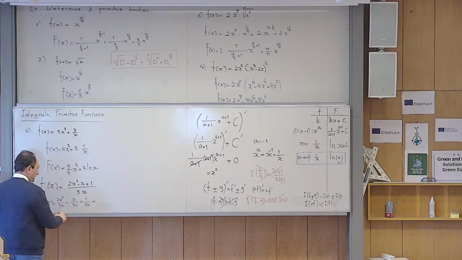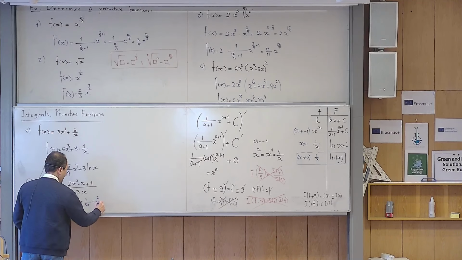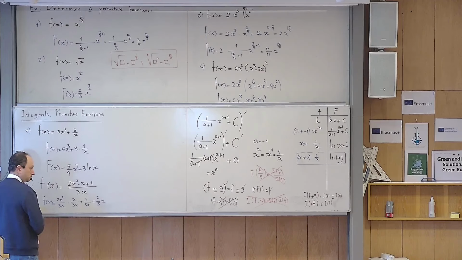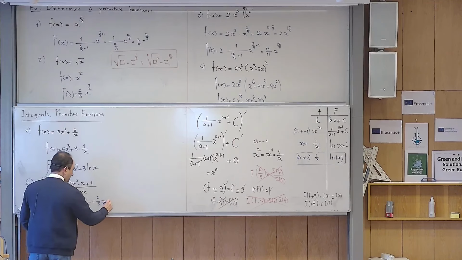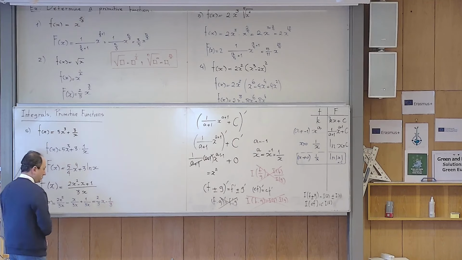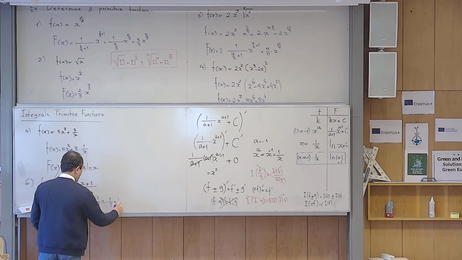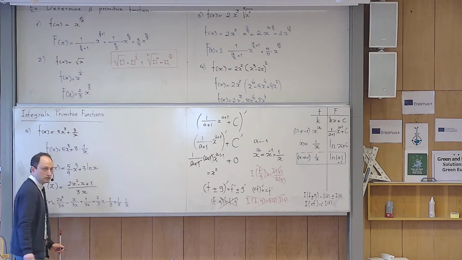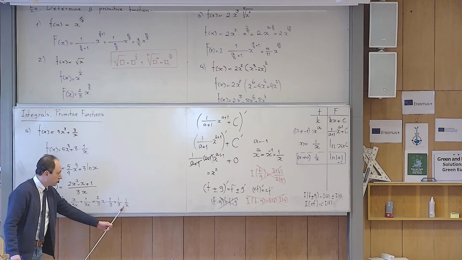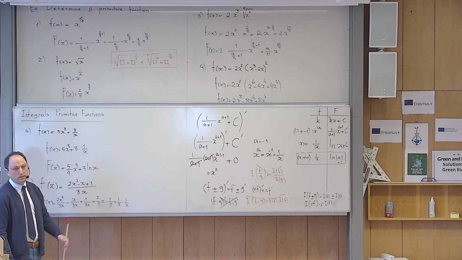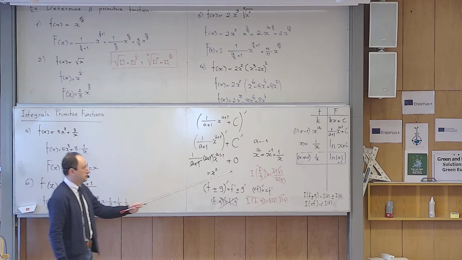This can be written as 2/3 x to the power of 1. Here x and x are gone. I get minus 1/3. And here I can write plus 1 over 3 times 1 over x. I don't need to adjust 1 over x because 1 over x is in my table.